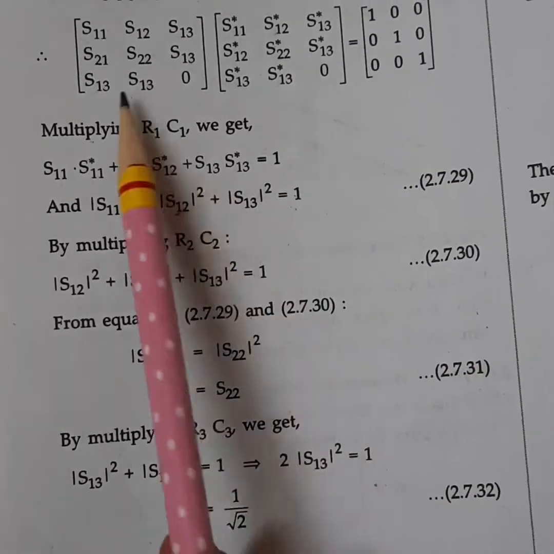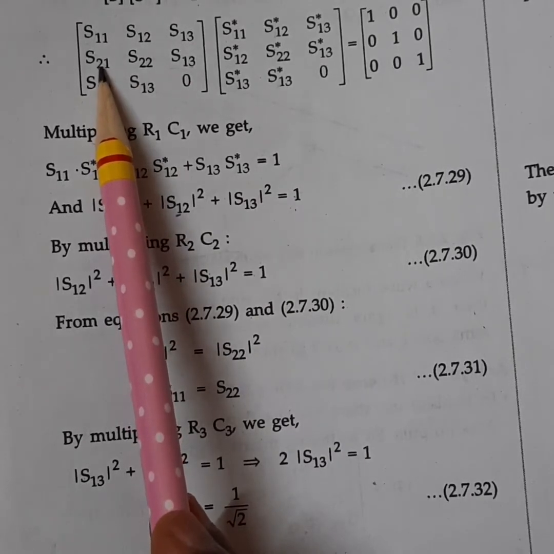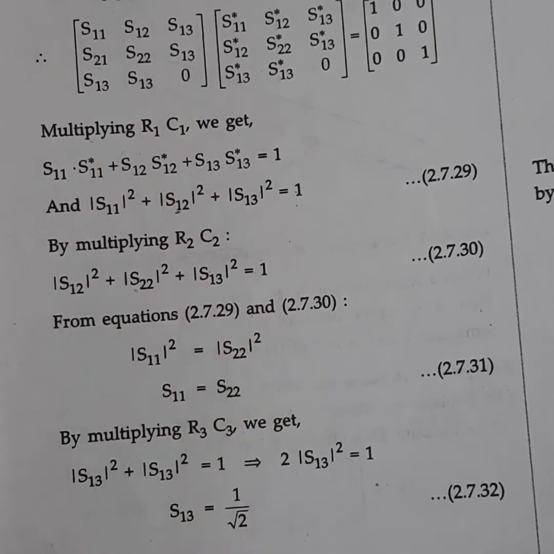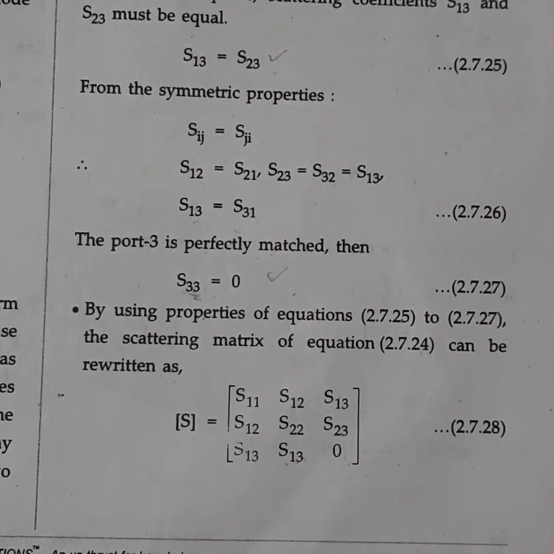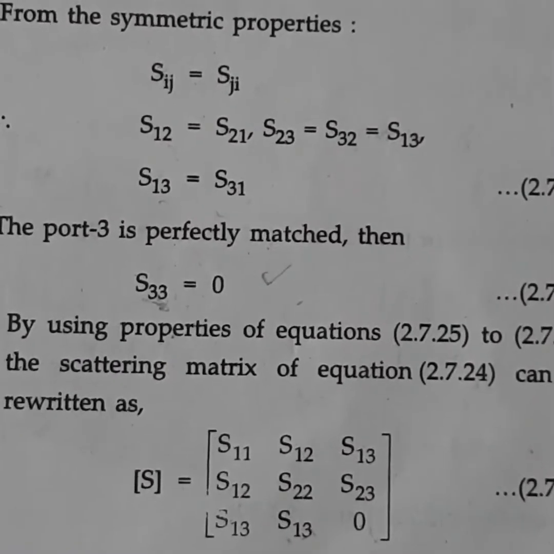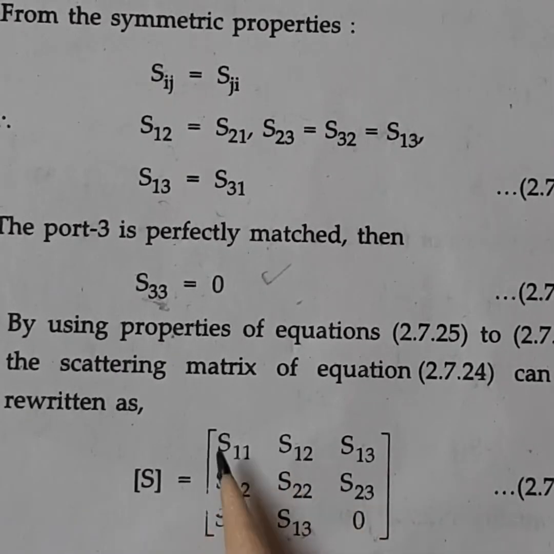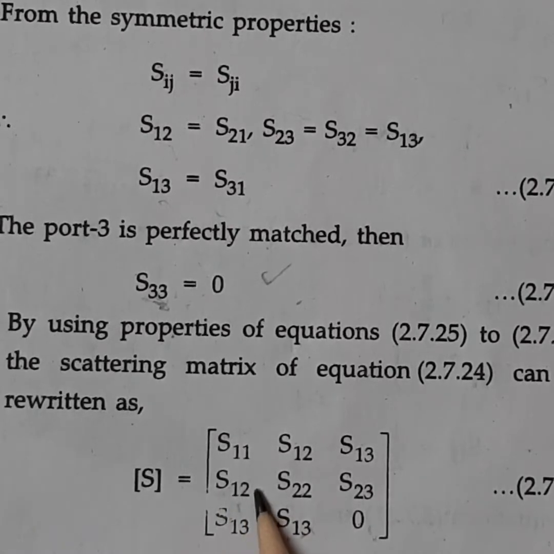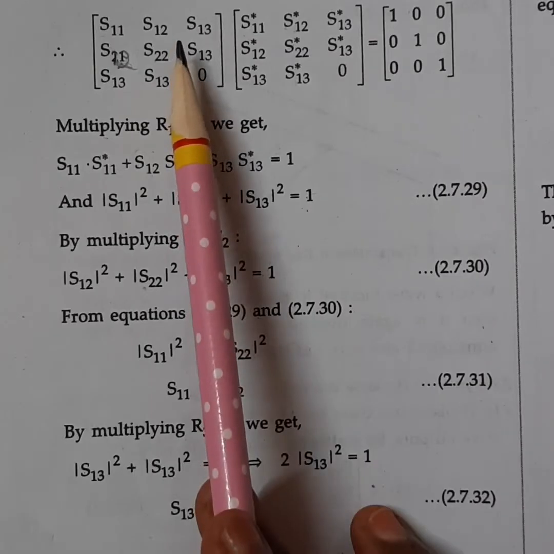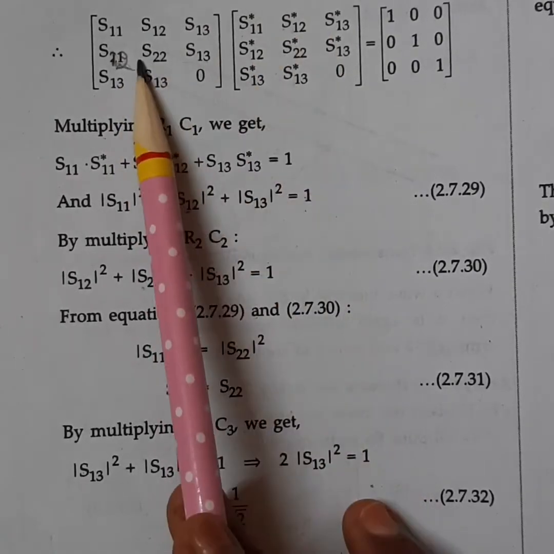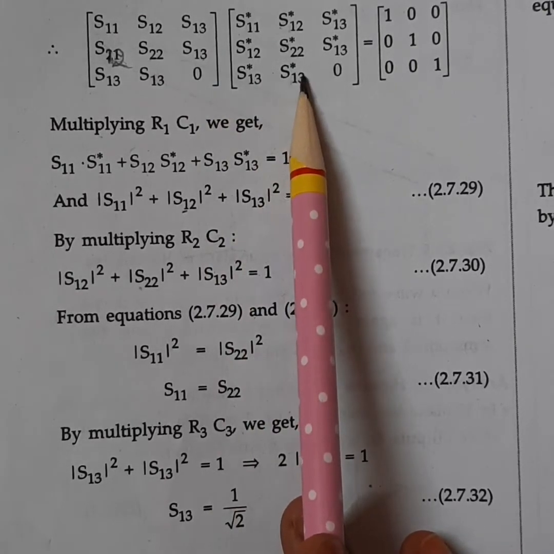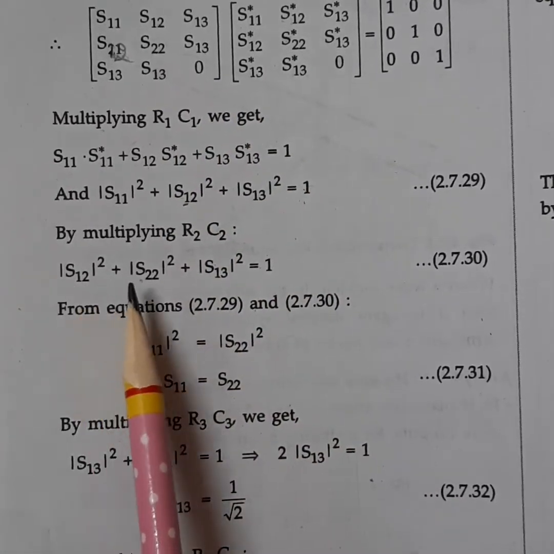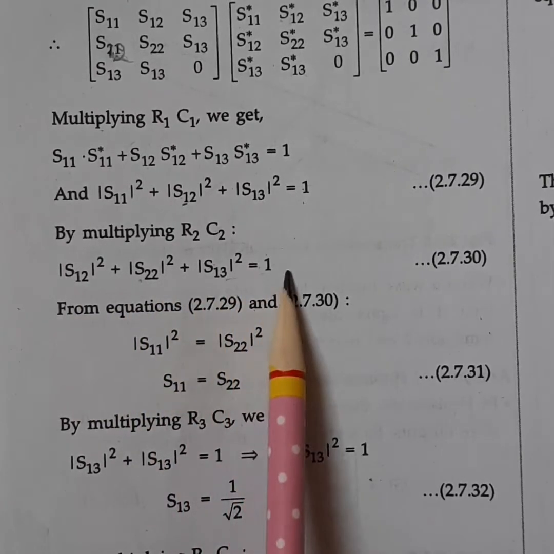So it is not 21, it is 12 that we can write here, because S21 is equal to S12, as we have already seen. So S12 into S12 star, S22 into S22 star, S13 into S13 star. That can be written as S12 square plus S22 square plus S13 square is equal to 1.